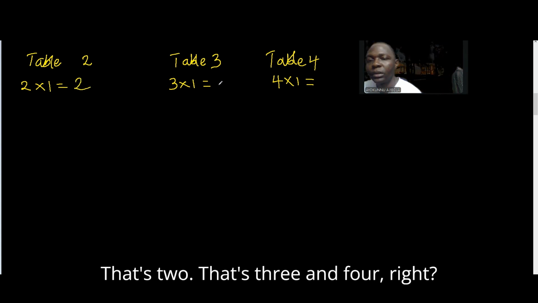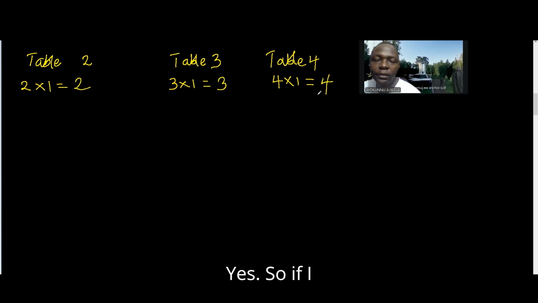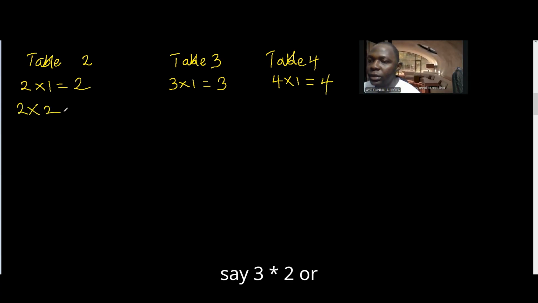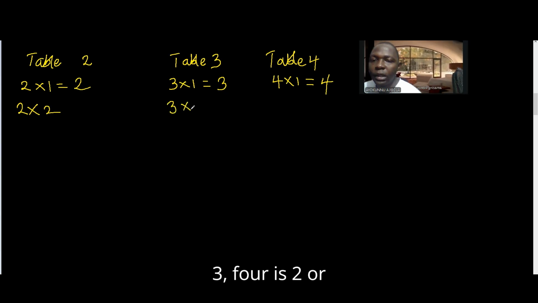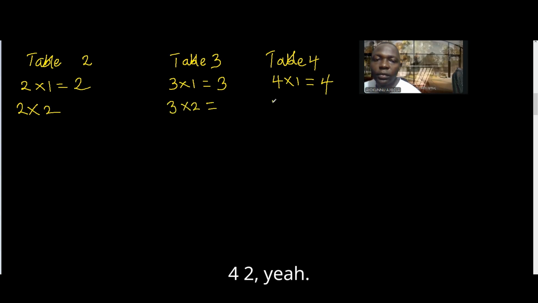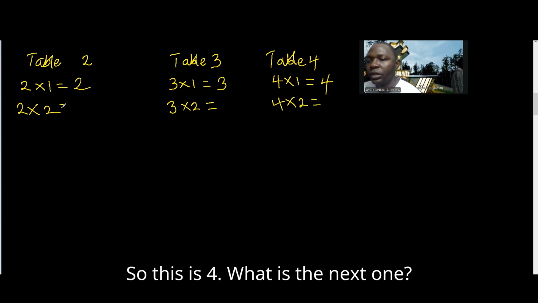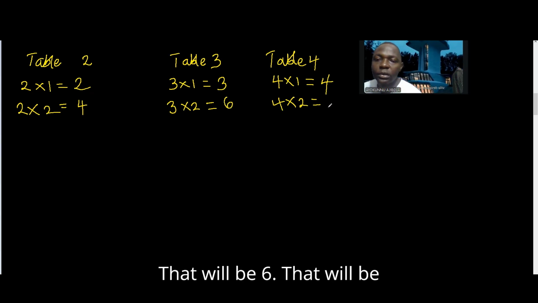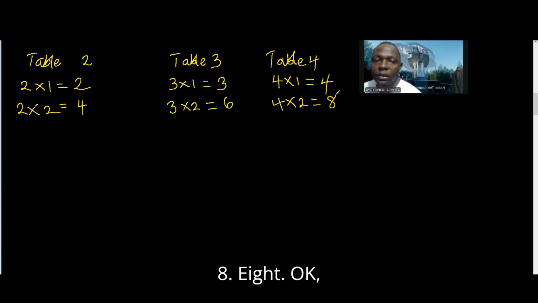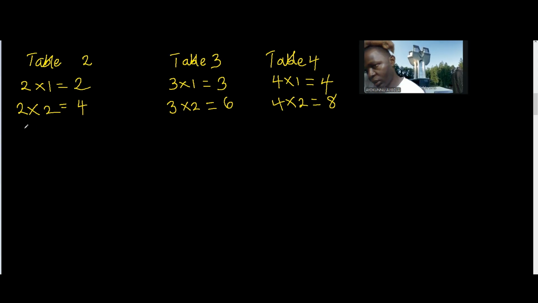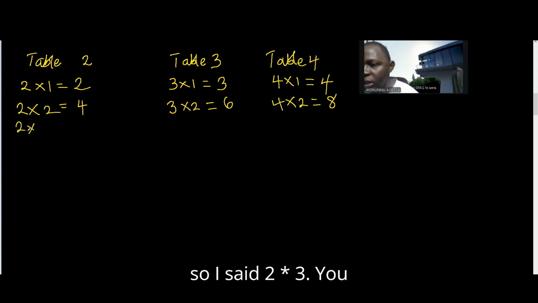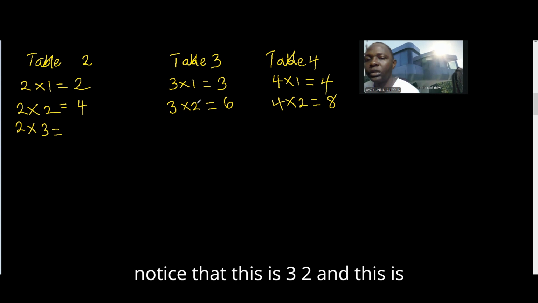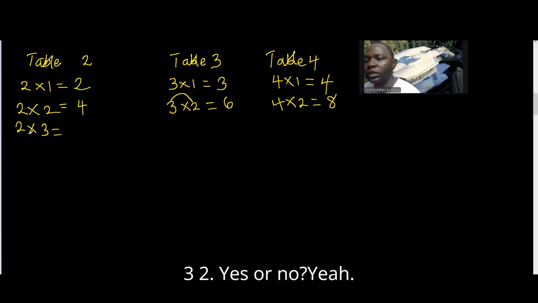That's 2, that's 3, and 4. So if I say 2 times 2, 3 times 2, or 4 times 2, this is 4. What is the next one? That will be six. And this will be eight. So I said 2 times 3. You notice that this is 3 times 2 and this is 3 times 2.